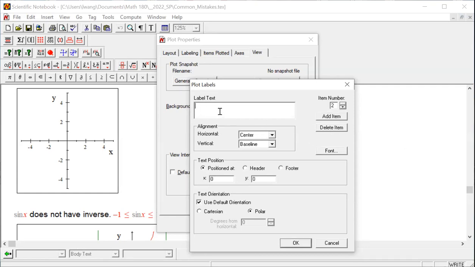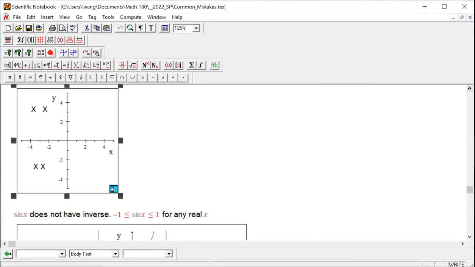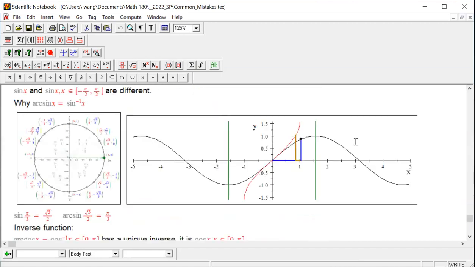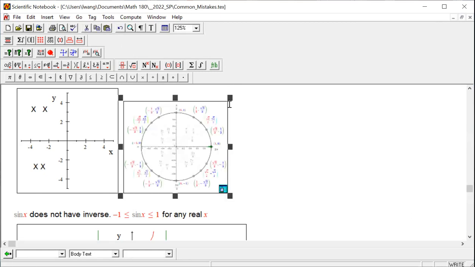And you also have that unit circle along your side. All of these, you look at them all together.